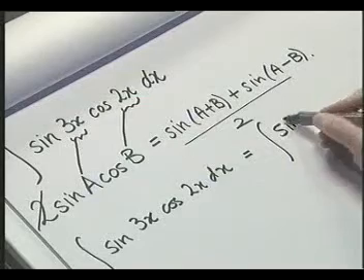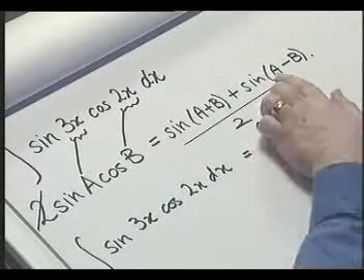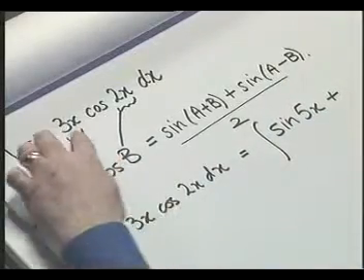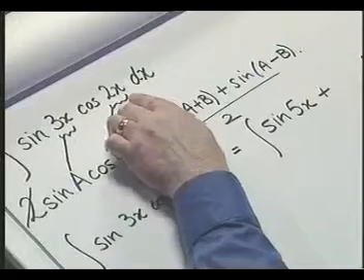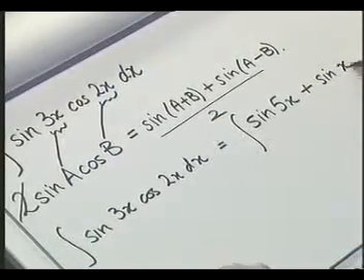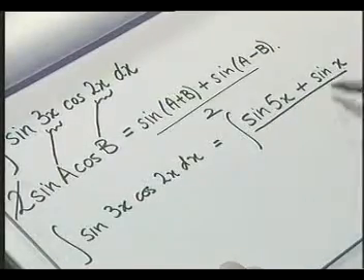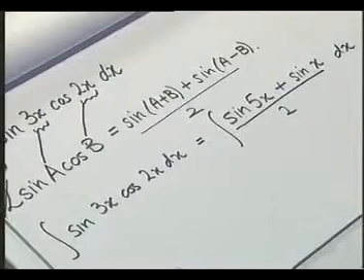So we want the sine of 5x added to the sine of the difference of A and B. Well, A being 3x, B being 2x, A minus B will be 3x subtract 2x, which is just 1x. So we want the sine of x, all divided by 2. And we want to integrate that with respect to x.